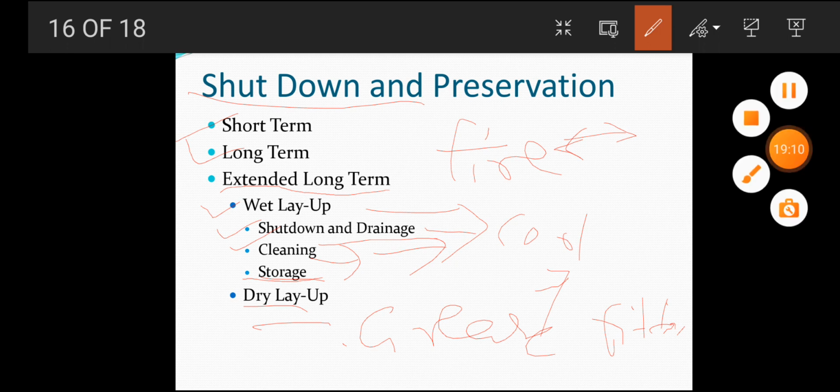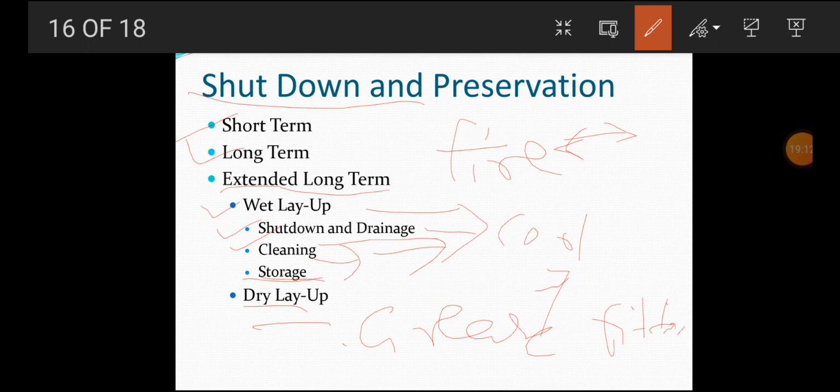So these are the shutdown and preservation steps which we need to follow. In shutdown we have seen short term, long term and extended long term. Short term is up to 3 days, long term up to 2 weeks and extended long term above 2 weeks.